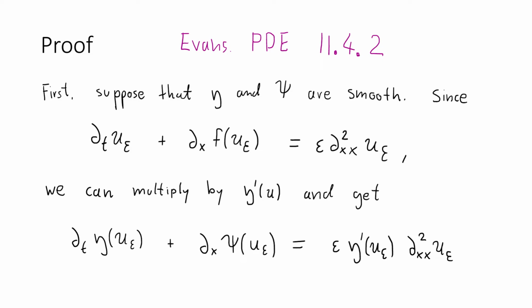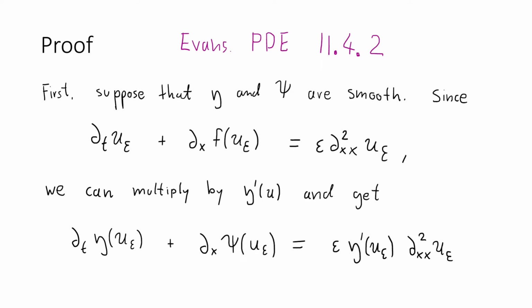Here I follow Evans' book on partial differential equations, in particular chapter 11.4.2. First, suppose that η and ψ are smooth functions. Since by assumption, the time derivative of u^ε plus the x derivative of f(u^ε) equals ε times the second x derivative of u^ε, we can multiply both sides of the equation by η'(u).